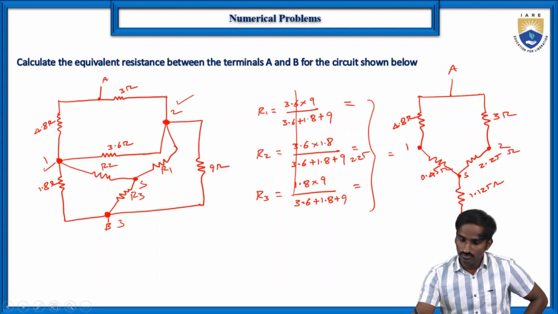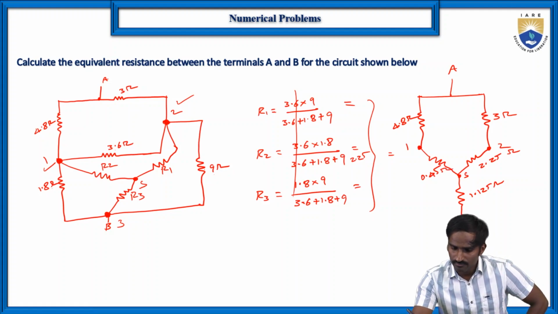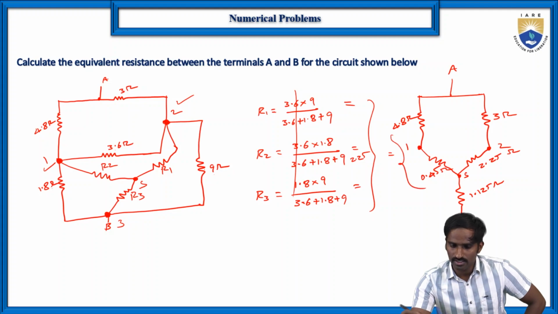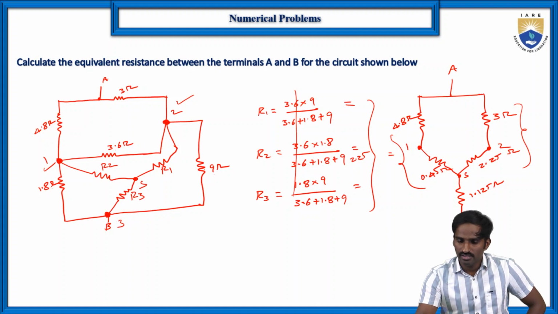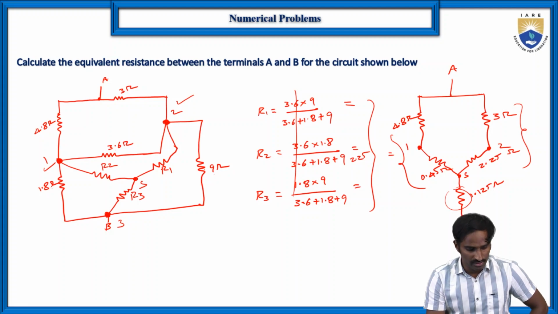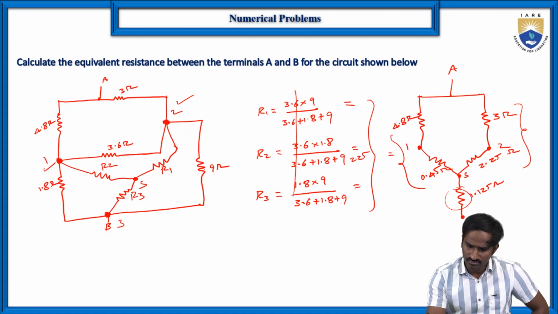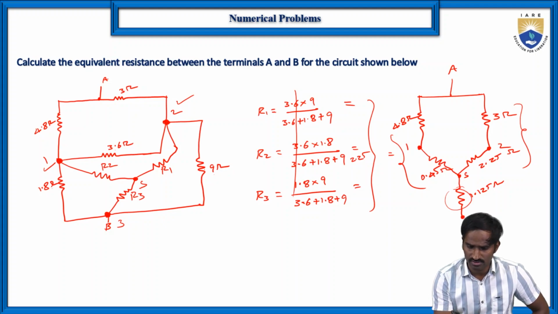Now here you can see these two are connected in series and these two are connected in series, and these two combinations are connected in series. Then finally, again I'm going to simplify this.